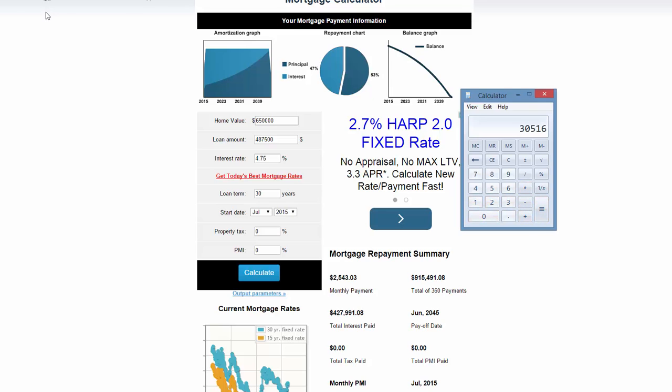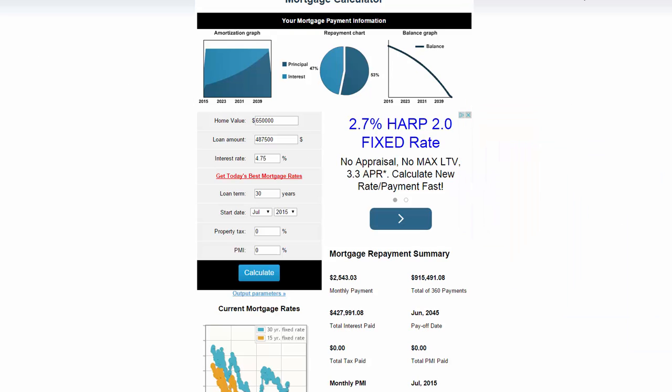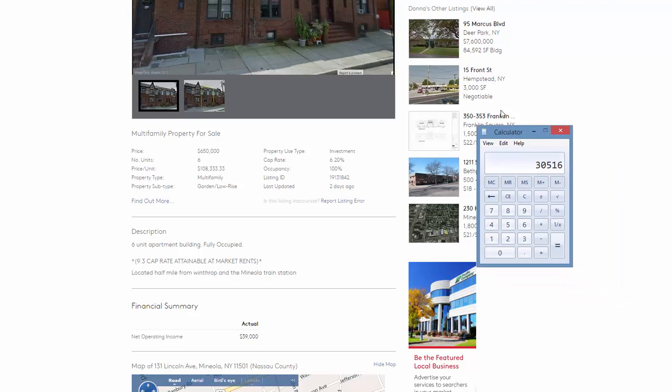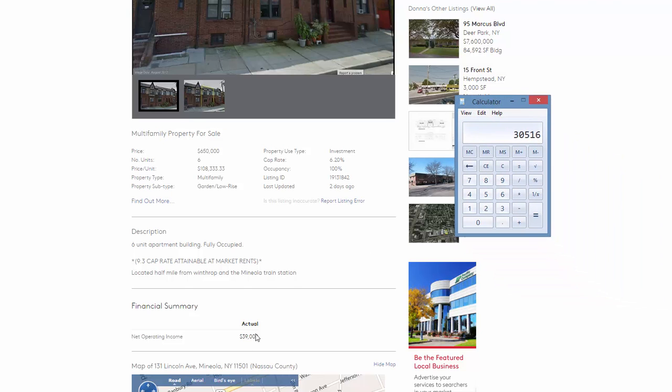So $30,516 is what your mortgage payment would be for the year. And you basically deduct that off the NOI. So just say it's 30,500.